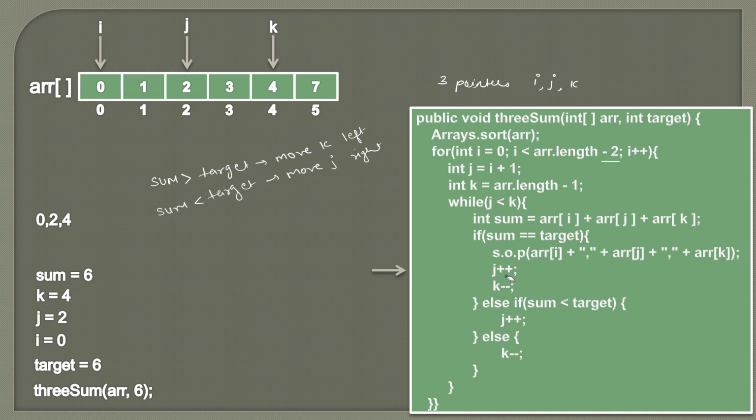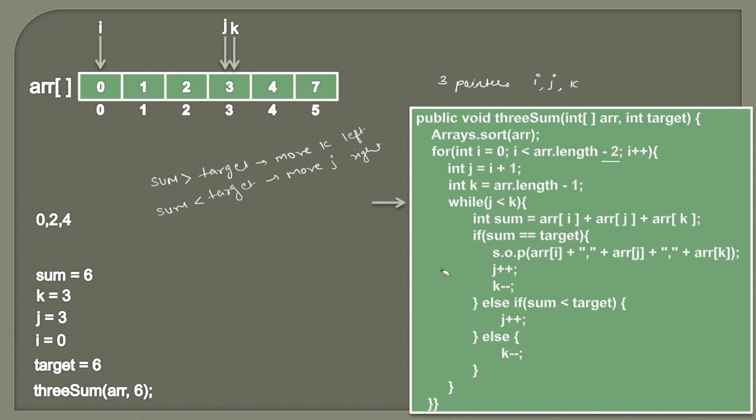So first we'll increment j. j becomes 3. And then we decrement k. Now here you can see j is actually equal to k. So this while loop will terminate, because we need to find a triplet which is unique. j and k cannot be pointing to the same number and bringing up the sum.